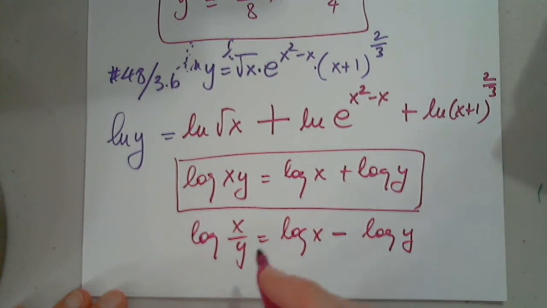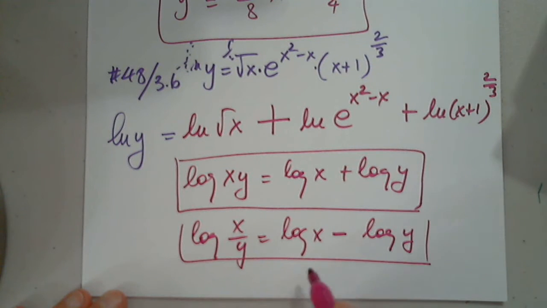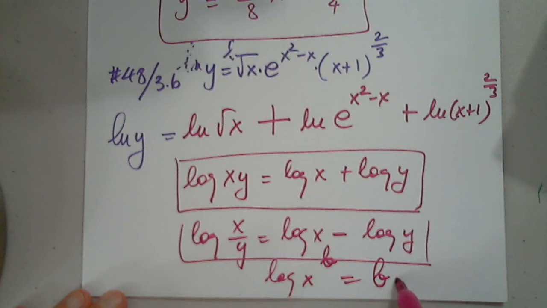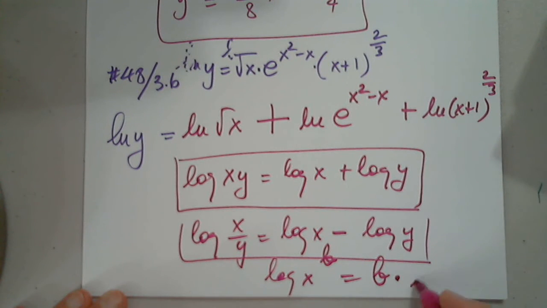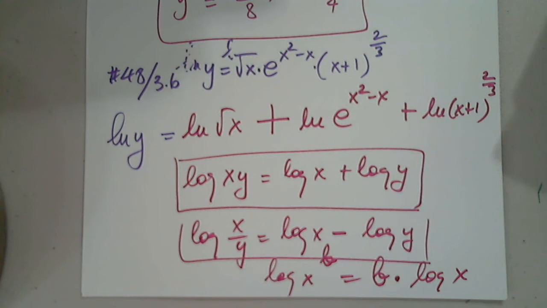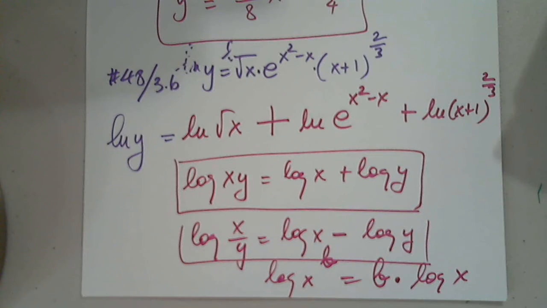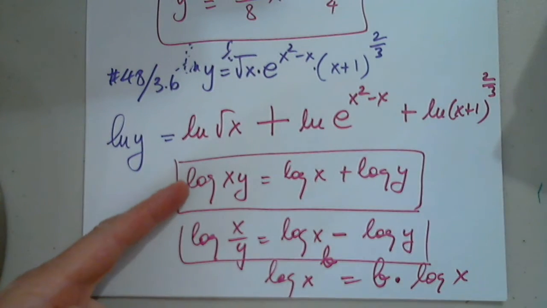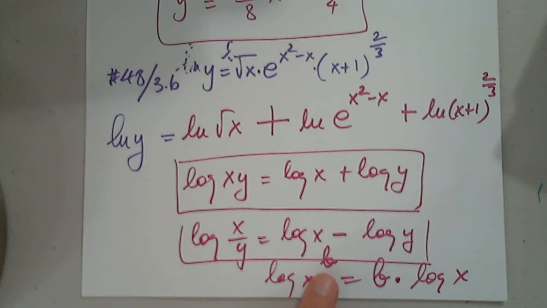And the last property is log of x raised to b power, so this is b times log x, in any base. I didn't put a base, I just said it's a common log, but it can be any base. They all function in the same way. So the product rule, the quotient rule, and the power rule. So we use the product rule.